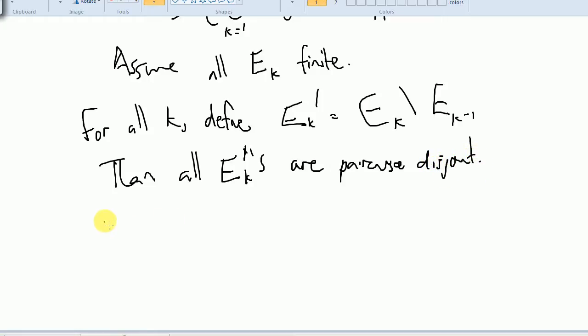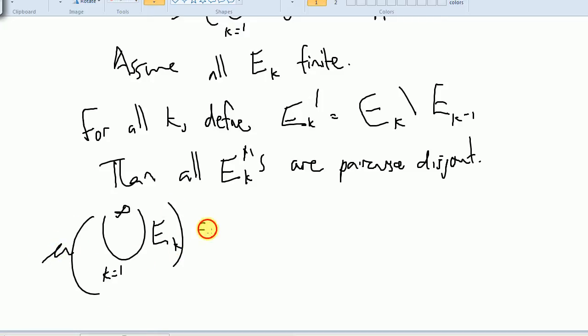And so the measure of the union from k equals 1 to infinity of e sub k is equal to the measure of the union from k equals 1 to infinity of e sub k prime, just because, again, this union is the same as that union there, so their measures are the same.